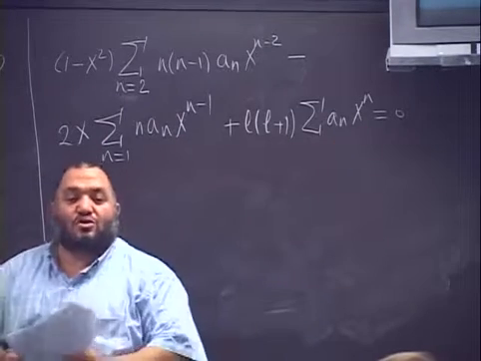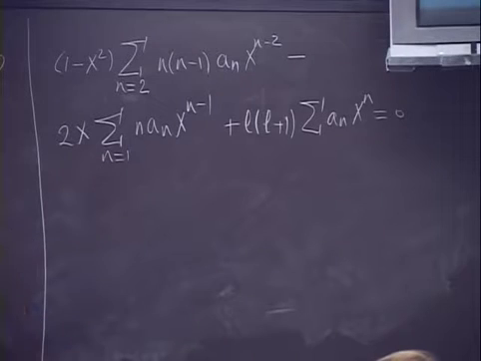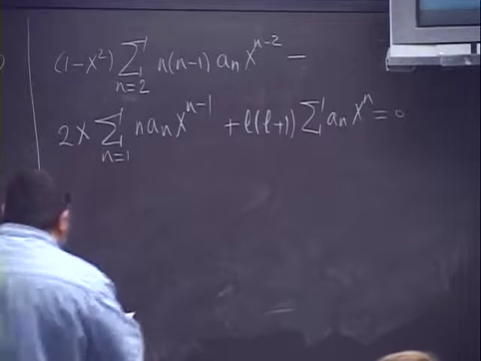So I have to equate the coefficients of the similar x's: the coefficient of x^1 equal to 0, the coefficient of x^2 equal to 0, the coefficient of x^3 equal to 0, and so on. So let's study this.